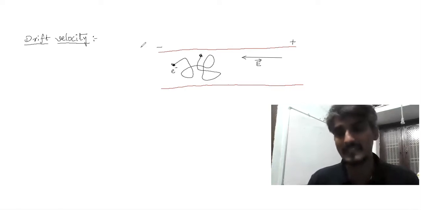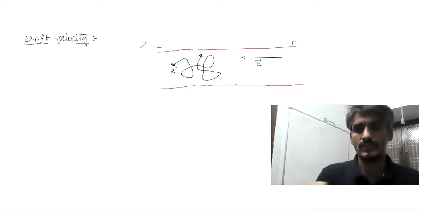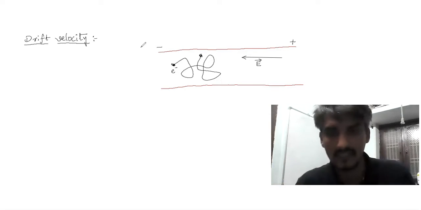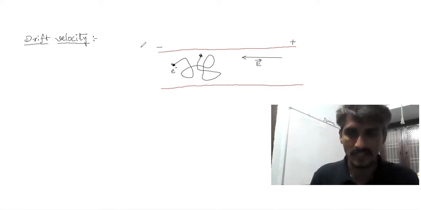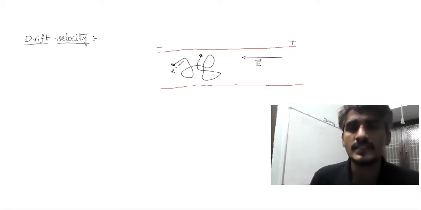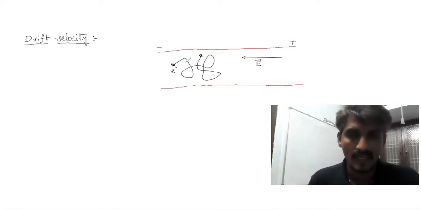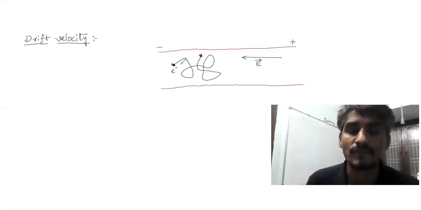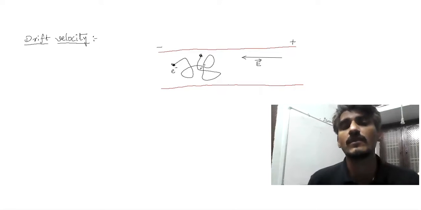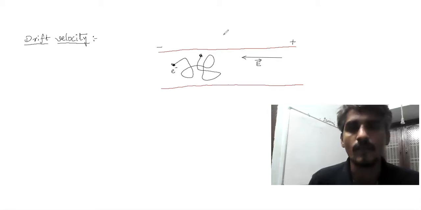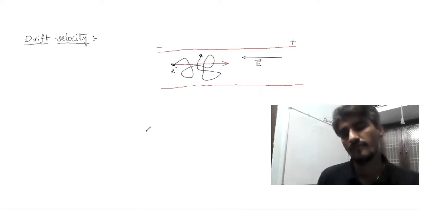If we consider positive charge, then those positive charges will accelerate in the direction of the electric field, conventionally. Okay, so these electrons now have set a target: they have to move opposite to the direction of the electric field, in this direction.